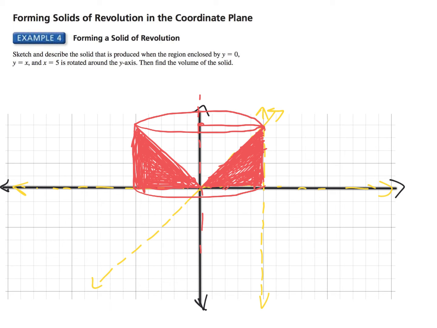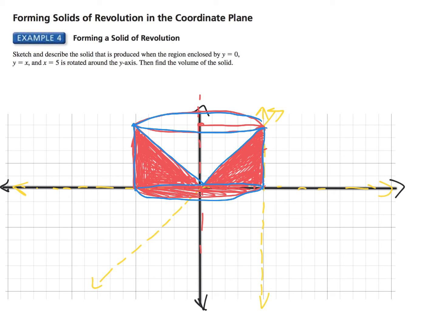Okay, so the solid that we've created, and that will be filled in, is a cylinder. However, there's a cone chunk removed. So if you see this shape, that's a 3D cone that is cut out of our cylinder when we circled it around, okay?